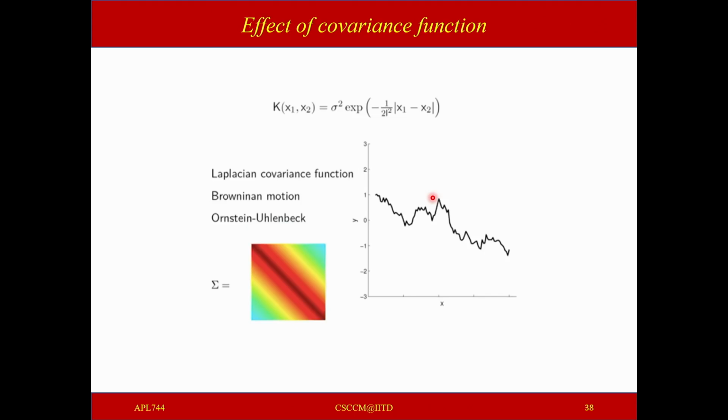The covariance that you see here is known as the Laplace covariance function, which uses the mod. Instead of the square, you see the mod, and because of the mod you will see that high fluctuation. This is one choice.